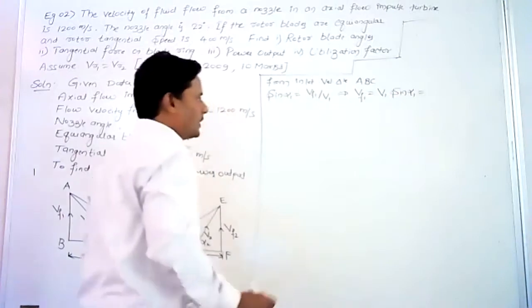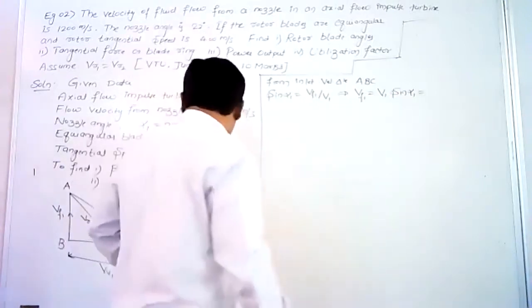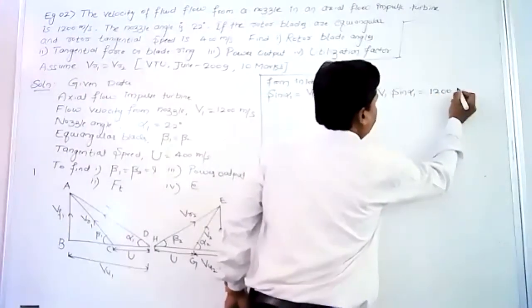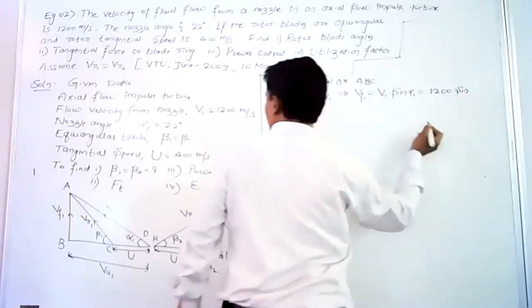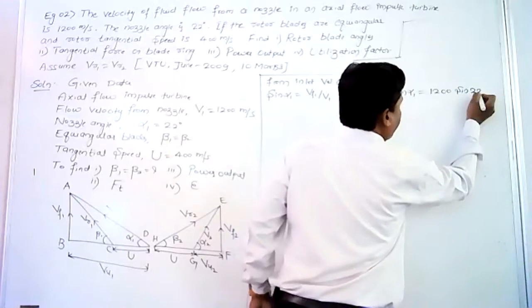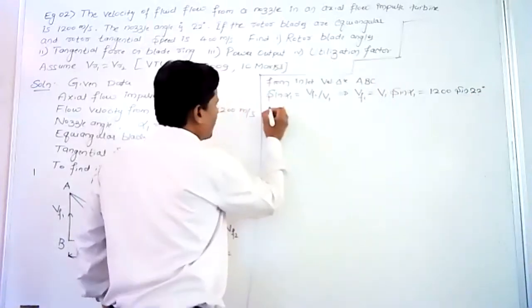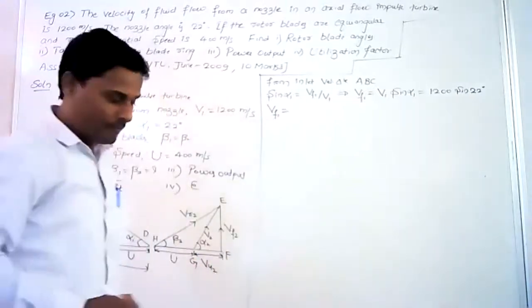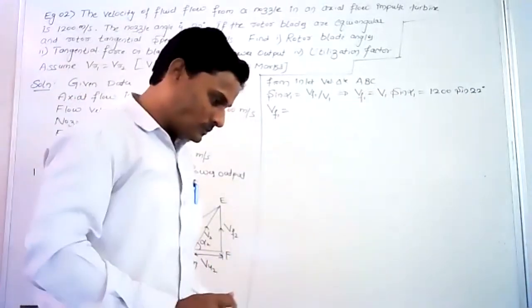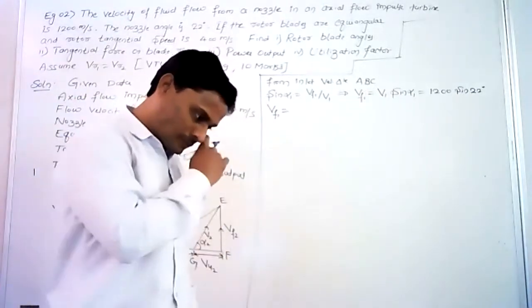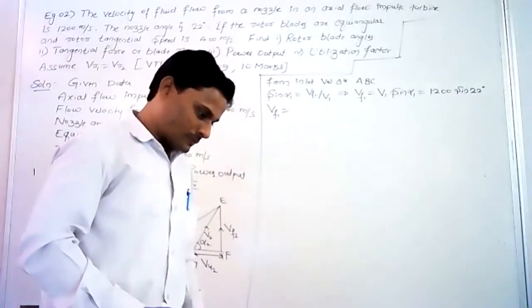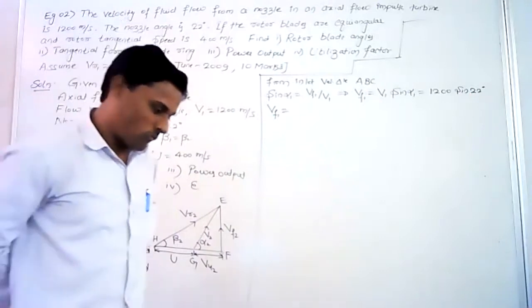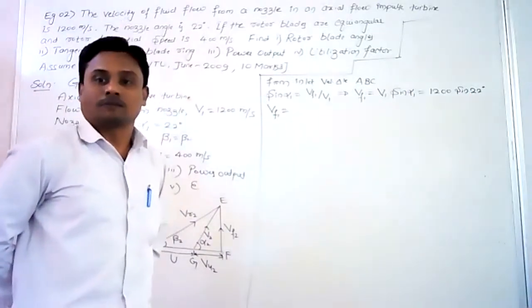Okay, students, get the value of Vf1. V1 is 1200 into sin alpha 1, which is 22 degrees. So Vf1 equals, tell me, what is the value of Vf1 here?